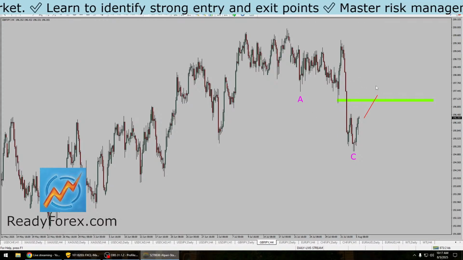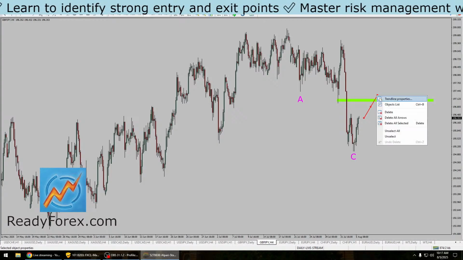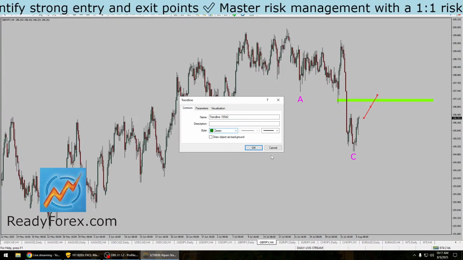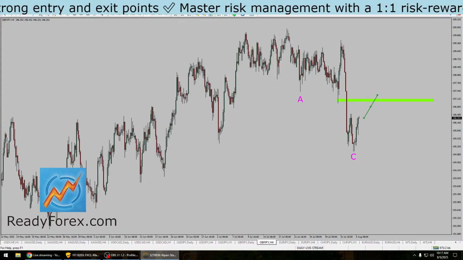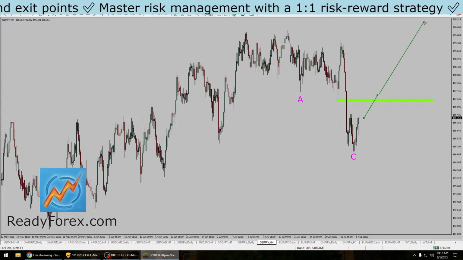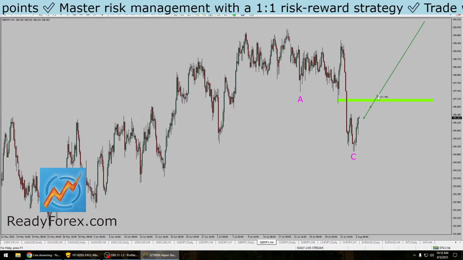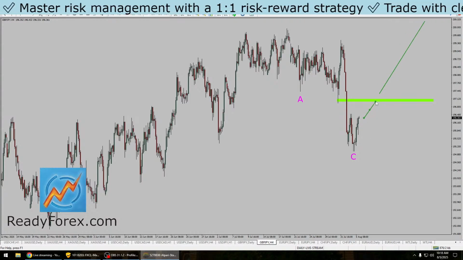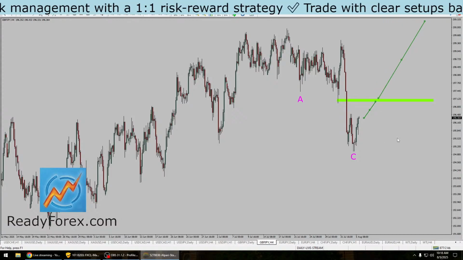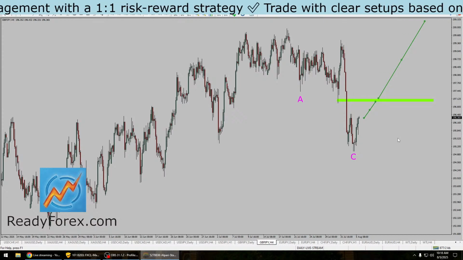It doesn't want to go down, it wants to go up over here. So if we get an overlap, then expect further upside. If you do not see an overlap, then the chances are high that market is going to drop.